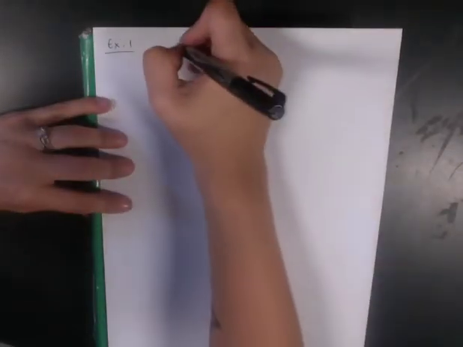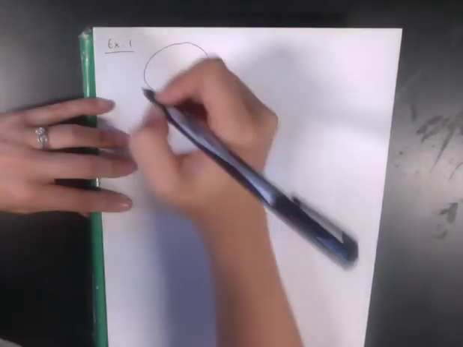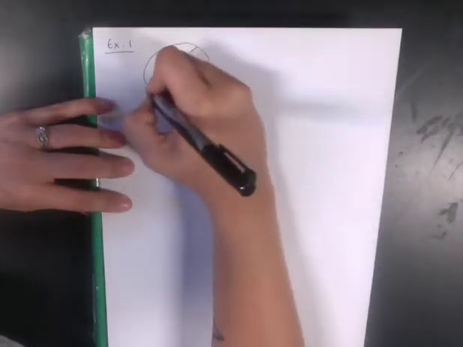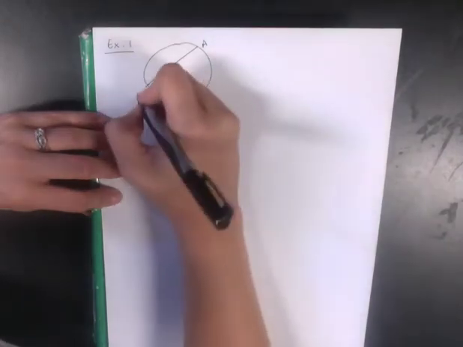Example 1. Okay, I have this circle here. And yes, you need to draw this, please.